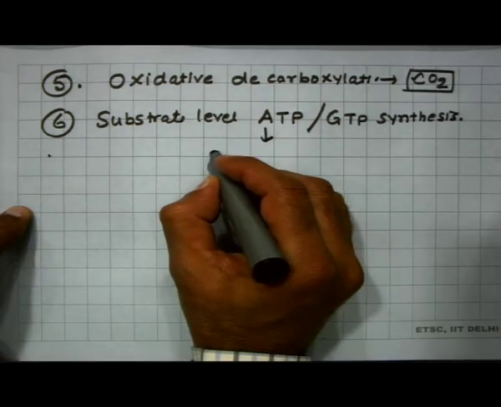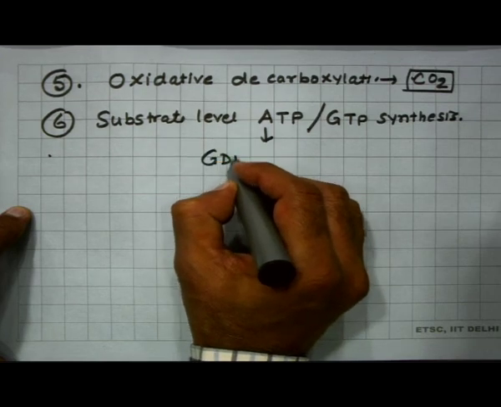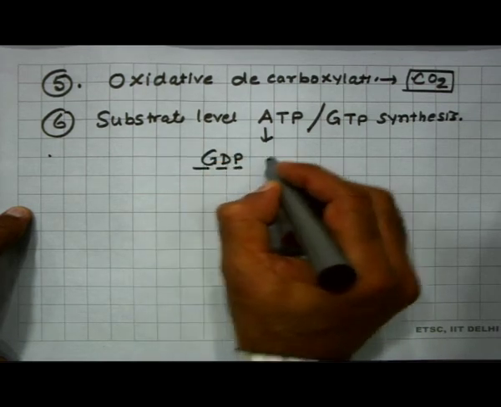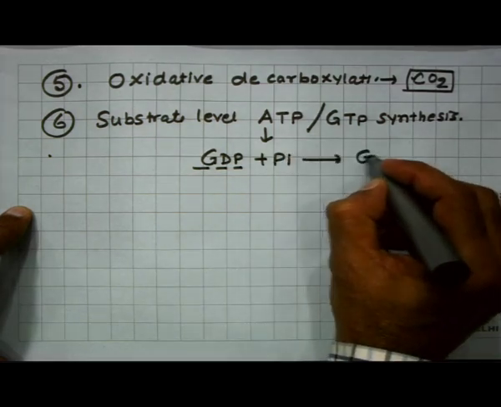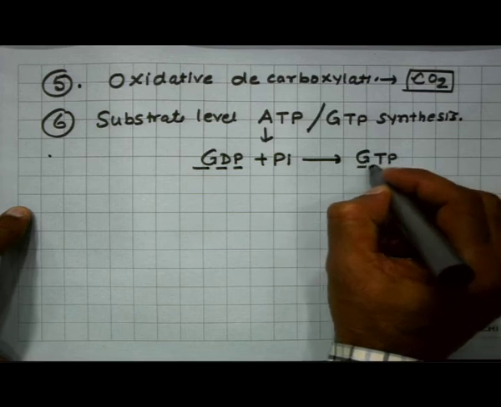Here GDP, guanosine diphosphate, combines with Pi, and firstly GTP, guanosine triphosphate, is formed.